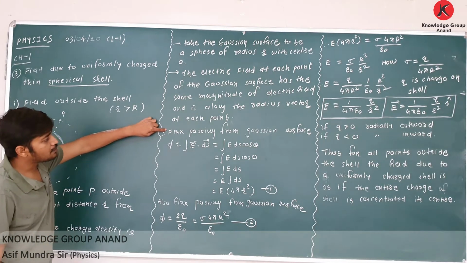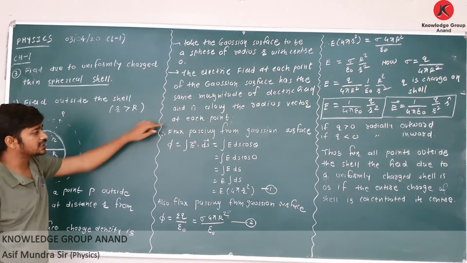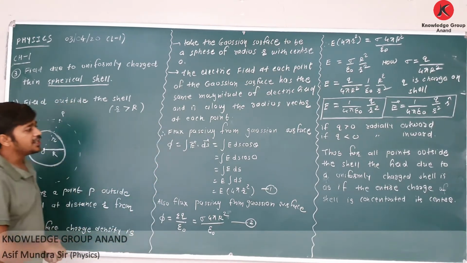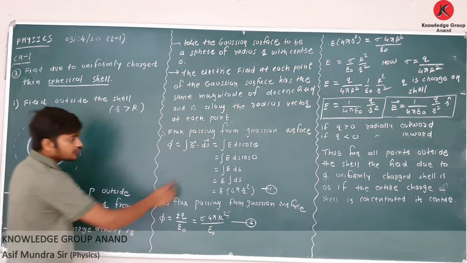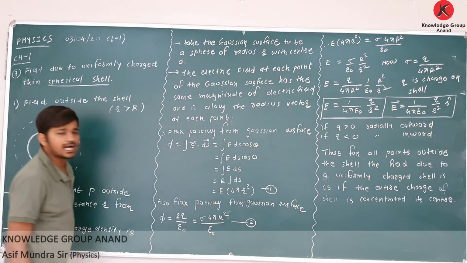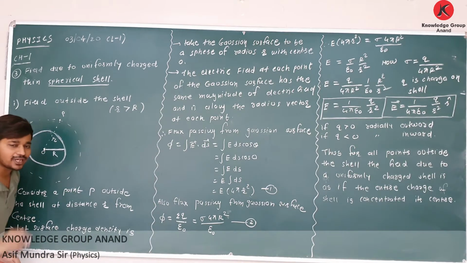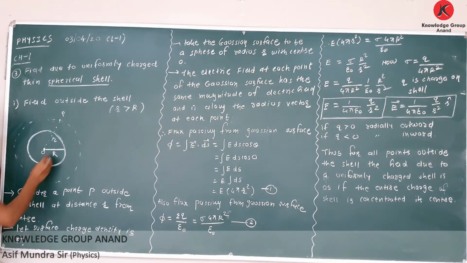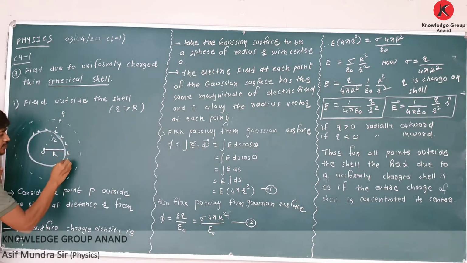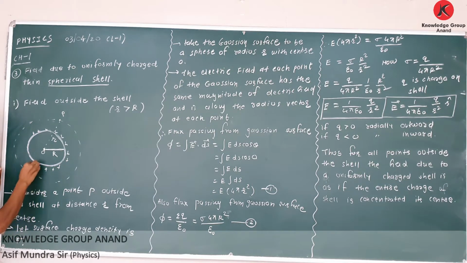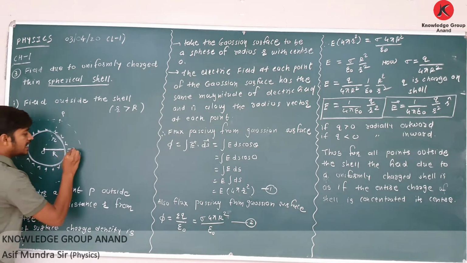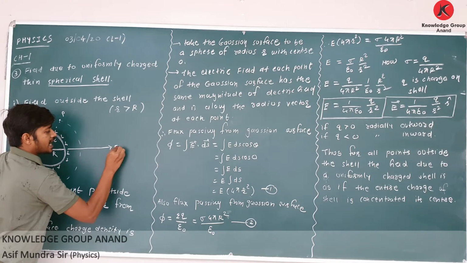The flux passing through the Gaussian surface, phi, is equal to the integral of E dot ds, which is E ds cos theta. Now see in the figure, what is the angle between the electric field and the area vector? Positive charge is uniformly distributed on this thin spherical shell, so due to this positive charge, the electric field is in the radial direction.